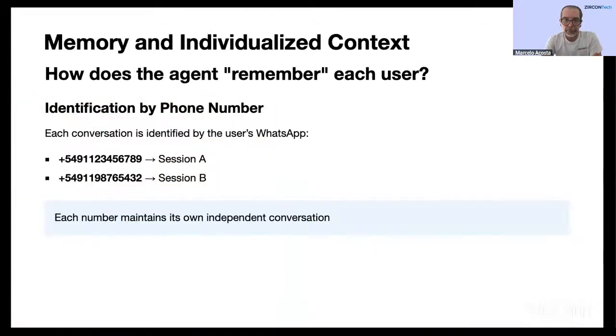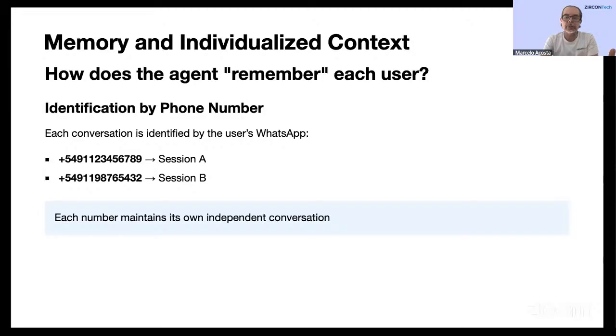For memory, WhatsApp gives us not only memory of how to identify who am I talking to, who is the user. In this specific case, it's pretty easy because WhatsApp gives us the identity using the phone number. So this phone number can become the session ID. Of course, you can program this any way you want, but this is a nice and direct way of doing it.